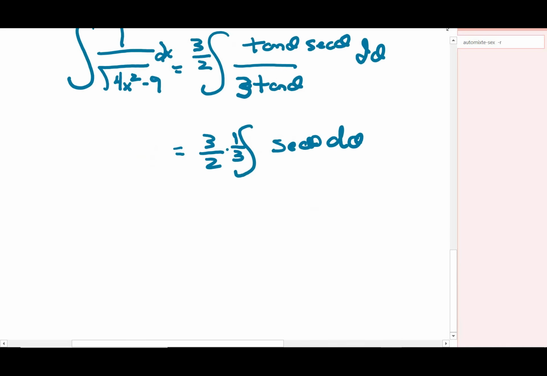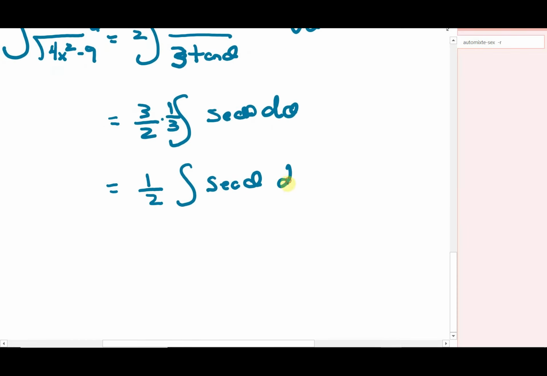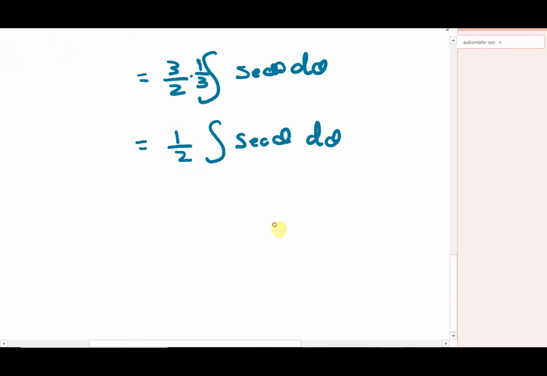Okay, so now we can separate this to be 3 over 6, which is again 1/2, so that's 1/2 times the integral of secant theta. And now what we're going to do is use an identity.